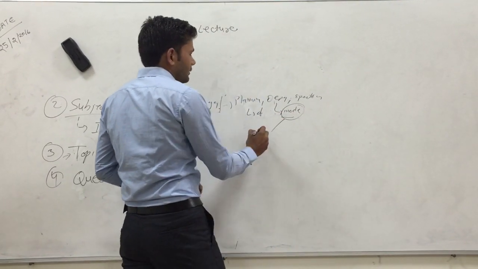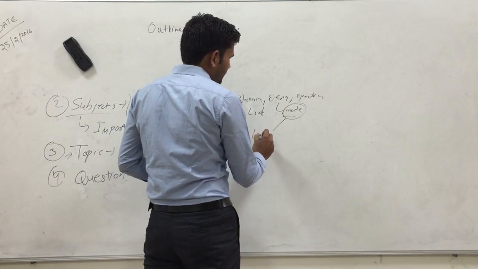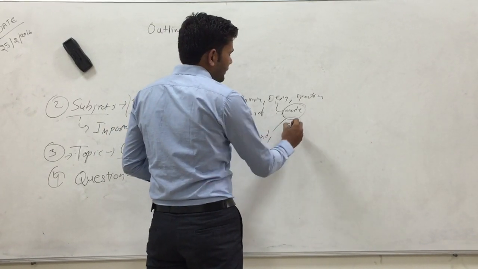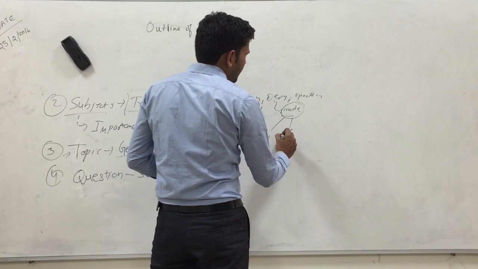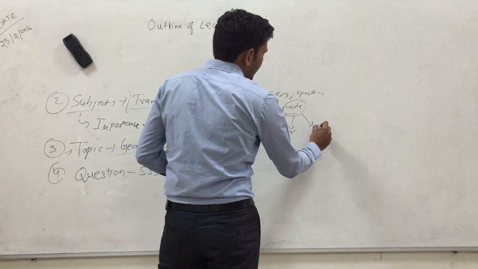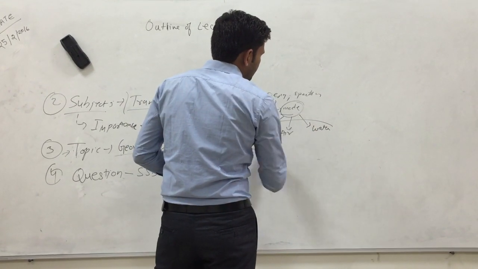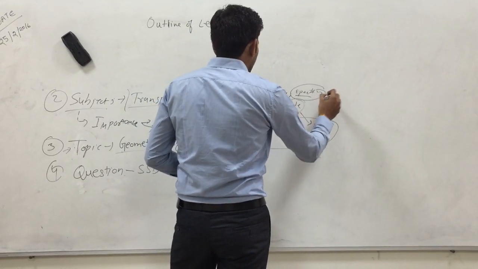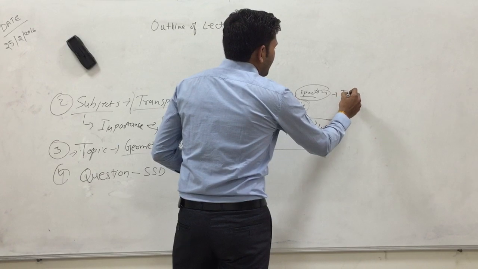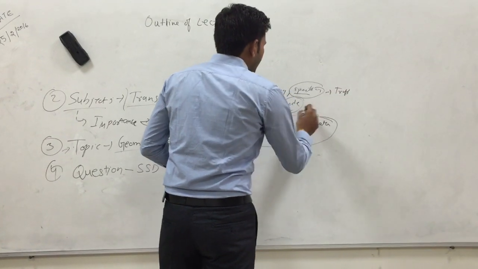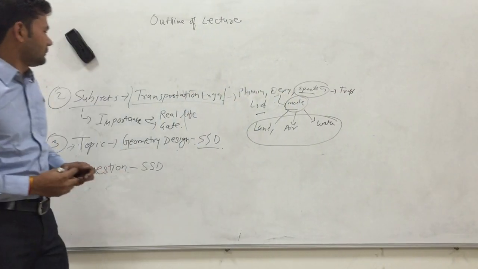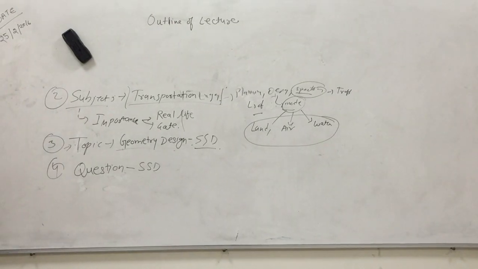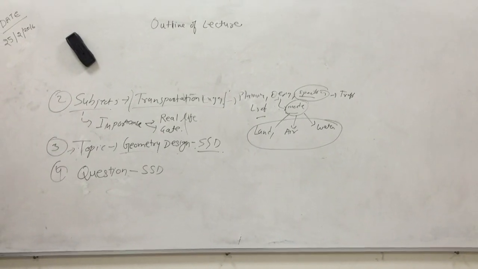There are three modes. First is land, second is air, third is water. So the planning, designing and operation of transportation, traffic movement and transportation modes is what we call transportation engineering.